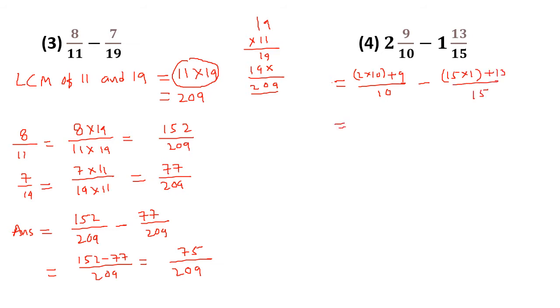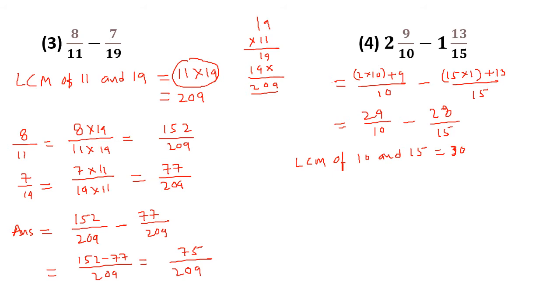So this becomes 2 into 10, 20, 29 over 10 minus 15 into 1, 15 and 13 is 28 over 15. Now I have to find the LCM. LCM of 10 and 15, obviously 30, because 30 will be divisible by both 10 and 15.